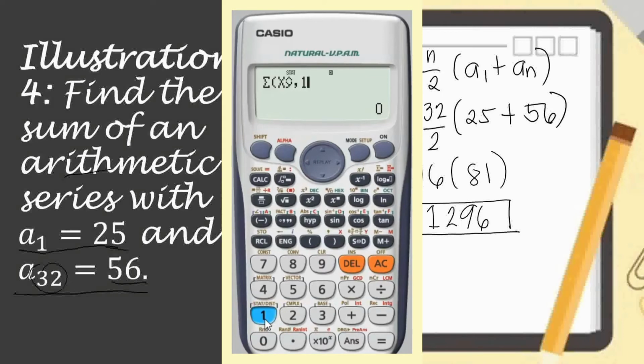So, from 1 to shift, close parenthesis, and then 32. And then close parenthesis. So, yung sa manual solution na nakuha natin is 1,296. So, dapat 1,296 din yung answer dito. So, equal lang natin. Okay, so 1,296. So, yung total sum nung first term hanggang 32nd term.